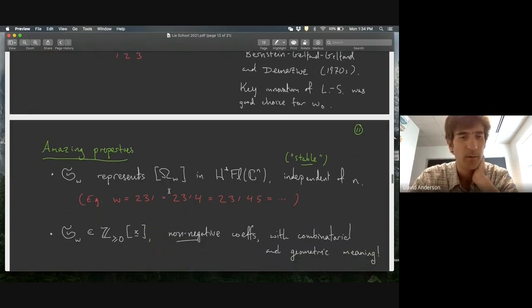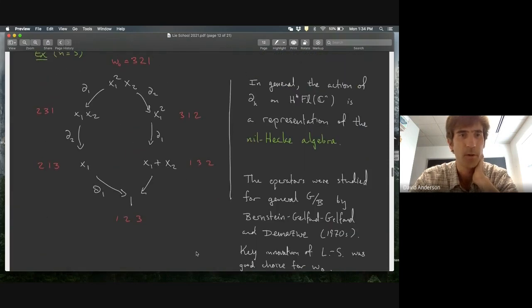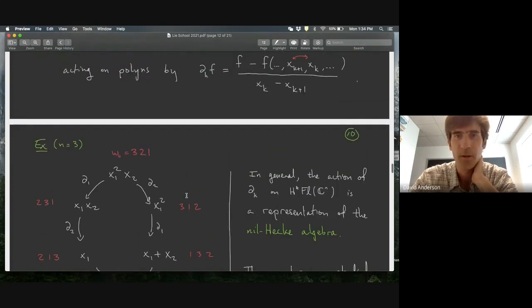The other remarkable property is that these polynomials all have non-negative integer coefficients. I'm going to scroll back up and show you here. Sure enough, in that example, there's only 6 of them, but they all have non-negative integer coefficients. And I'll scroll up just a little bit more. From the definition of these operators, there's lots of minus signs.